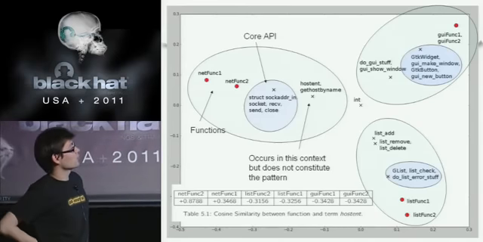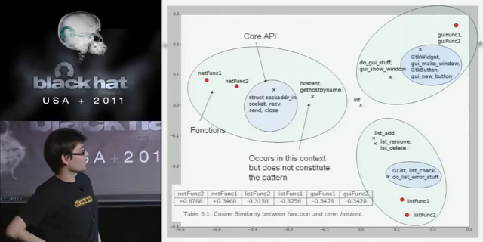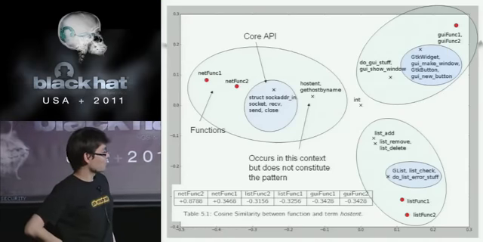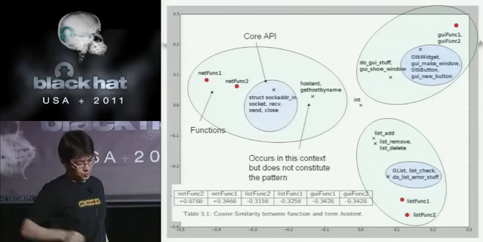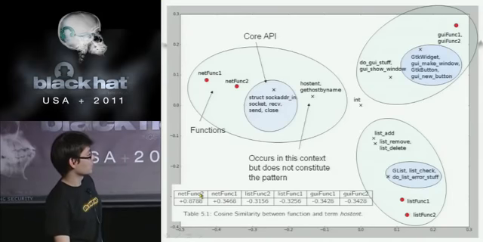So here's a small example to illustrate why this makes sense. The symbol host end was contained in network function 2. So when you measure the similarity between the symbol host end and network function 2, you get a pretty high similarity, 0.8.